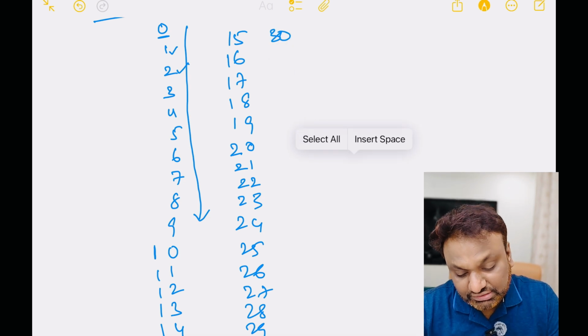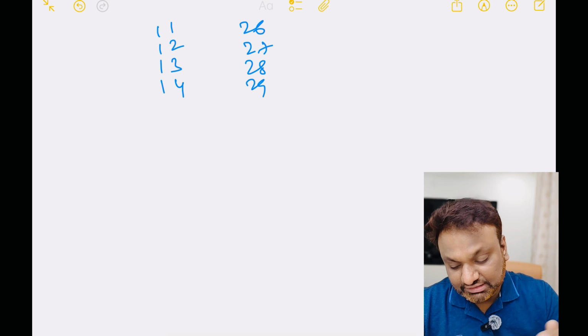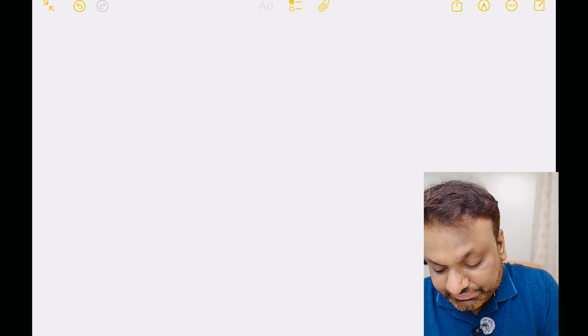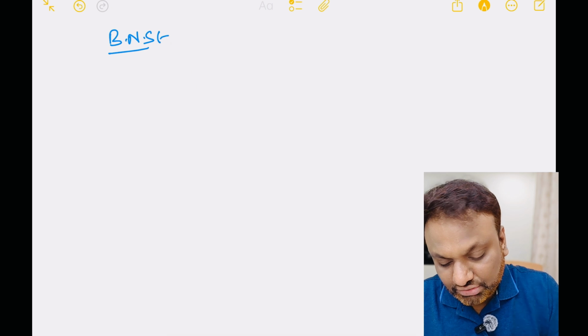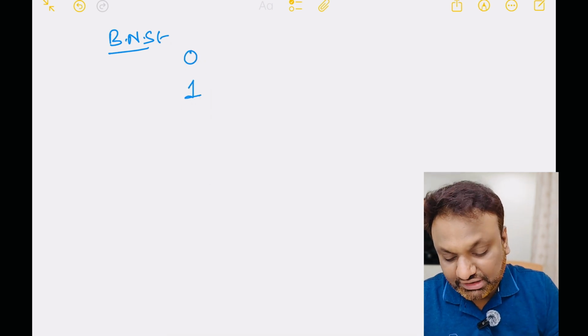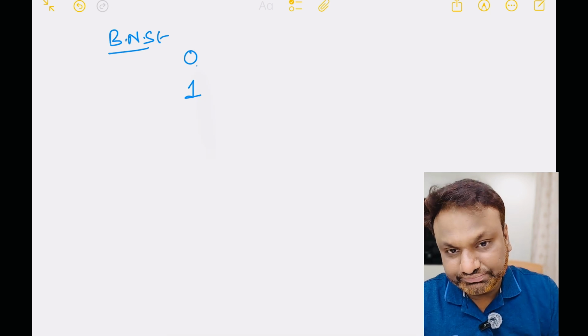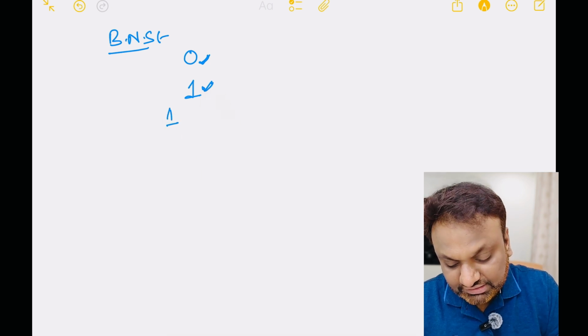Similarly, for the binary number system, the first number is 0 and the second number is 1. If I want to write the third number, I take a 1 here, and with this the sequence is completed. Next I start with this 1 and repeat the sequence: 1 0 and 1 1.